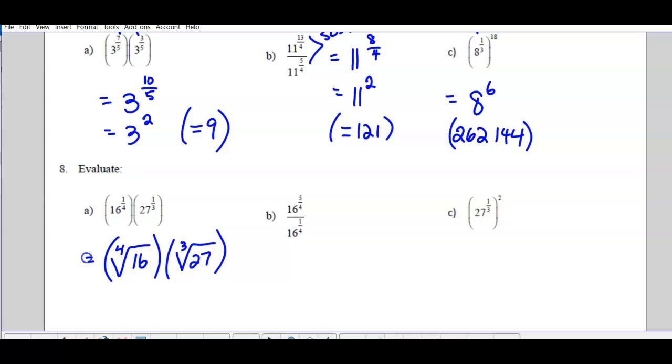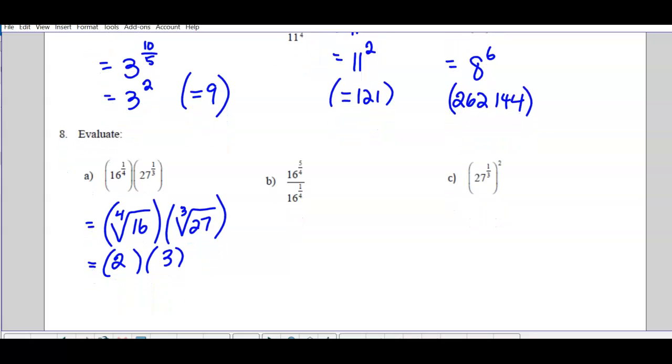So we actually have to evaluate each part. Well, the 4th root of 16 is 2. And the cubed root of 27, that's pretty cute, right, is 3. So that's going to be 6.